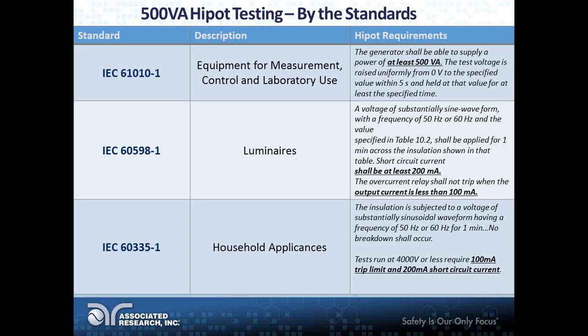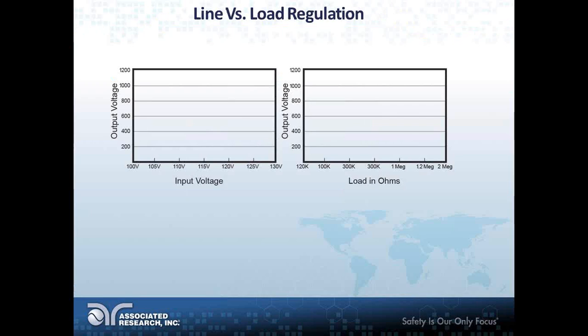A 500 VA Hipot tester is also recommended when testing a product which is highly capacitive, that a typical lower VA rated Hipot will not be able to test. Having said that, another important factor to consider during 500 VA Hipot tests is line and load regulation.